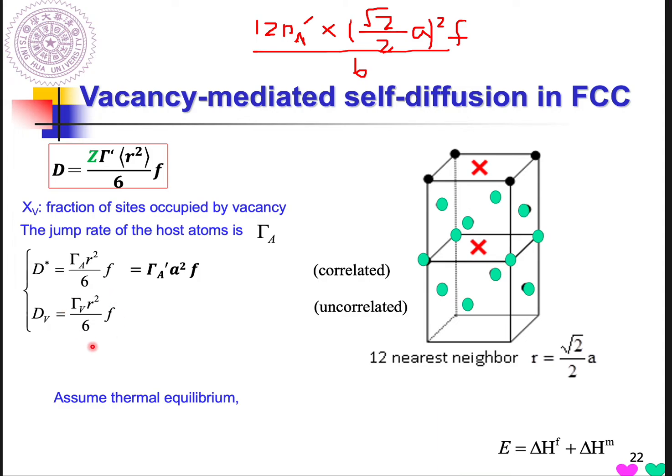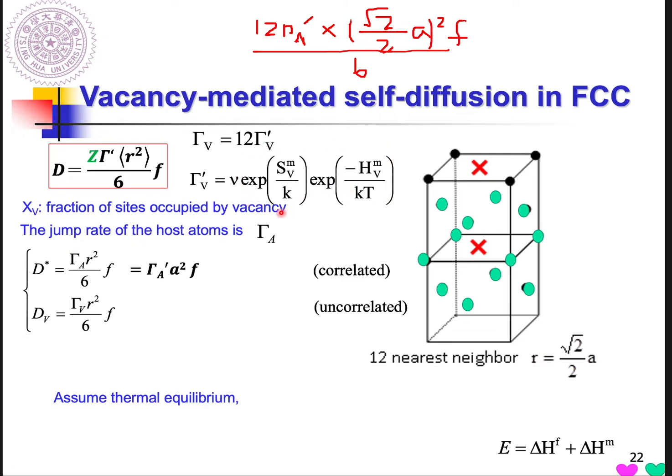For the vacancy part, you use the same idea. The Z is also 12, so it's 12 gamma V prime, and gamma V prime is the vacancy jump rate in a specific direction, which is the vibration frequency times the probability of crossing the barrier.